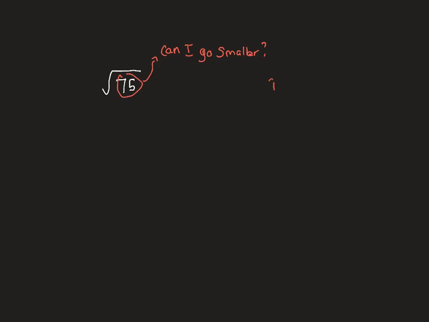So for number one, your first step is always to find the factors that multiply into 75. And these factors should usually be perfect squares.